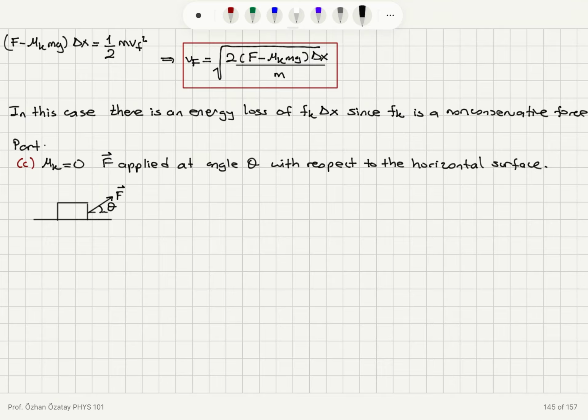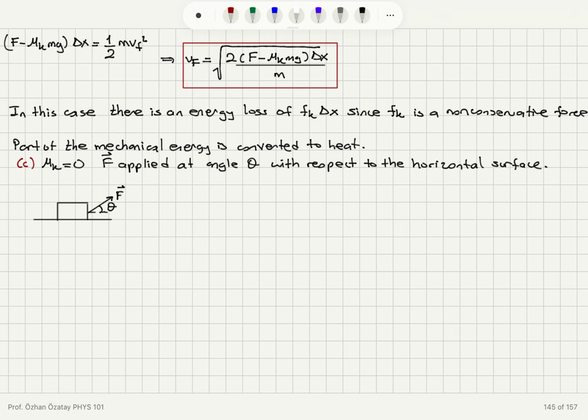Part of the mechanical energy is converted to heat. So it goes to heating the interface.